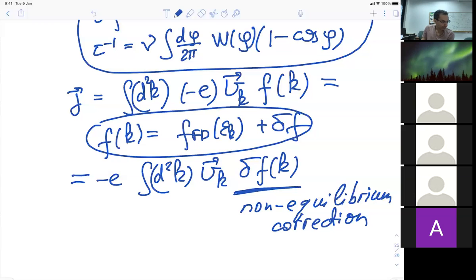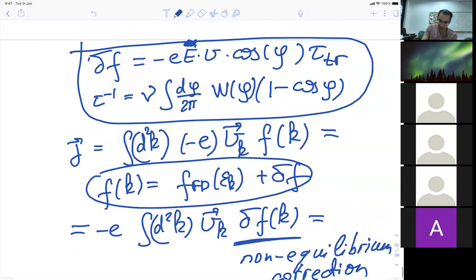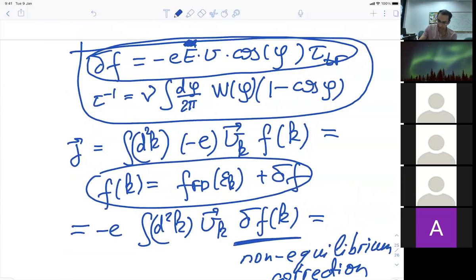And now we can plug in the non-equilibrium correction from the previous formula. And what we get, so we take this thing and plug it into here.